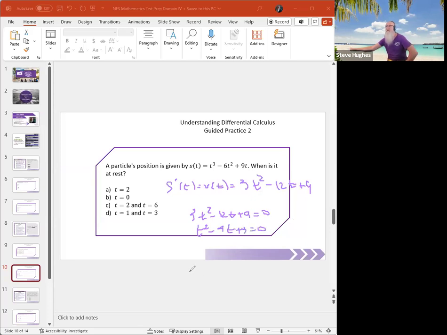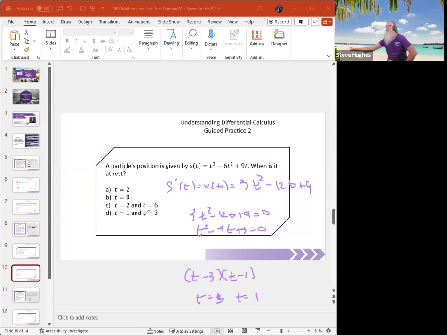Now we can go ahead and factor this. That's going to be t minus 3, t minus 1. That tells me that t equals 3 and t equals 1.